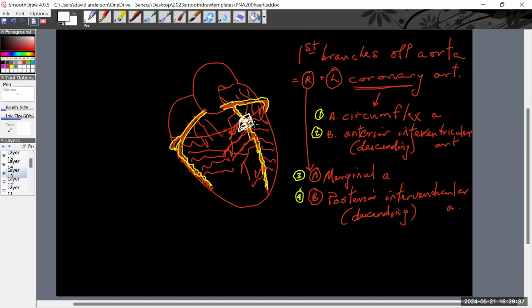But they were such small areas that they didn't have a huge impact on their quality of life. So as we age, we develop this so-called collateral circulation, which gives us branches and a better chance for survival if 1 or 2 of those small branches are blocked as compared to one of the big ones in the original arrangement. So that's just something to be aware of with respect to our coronary circulation.